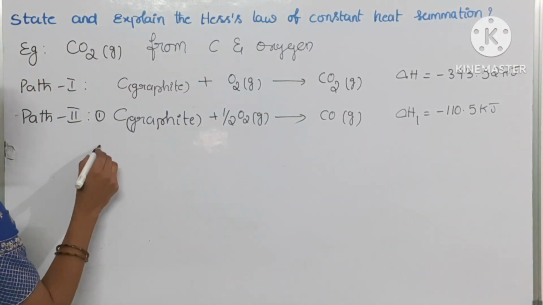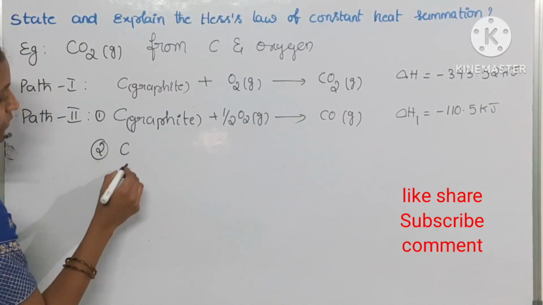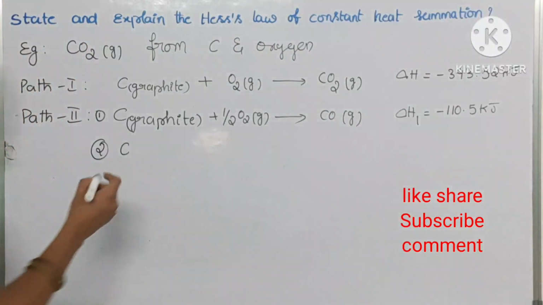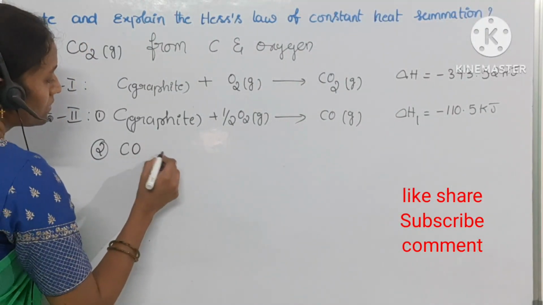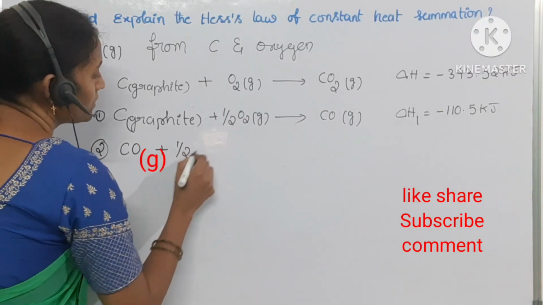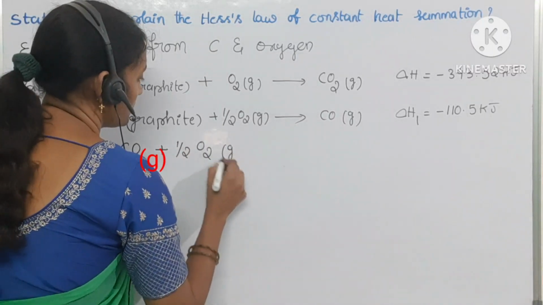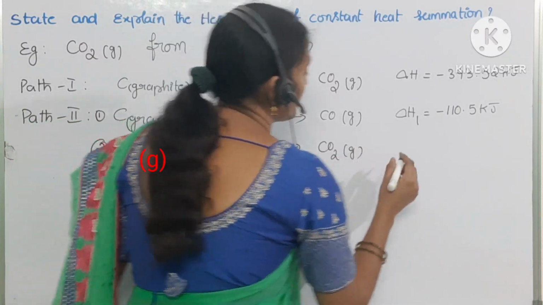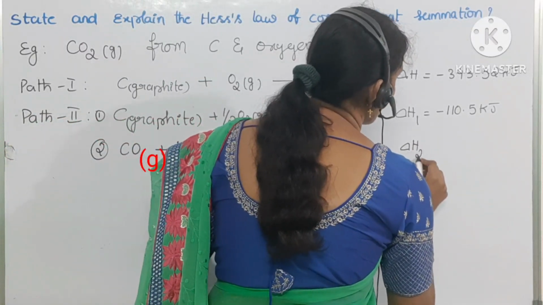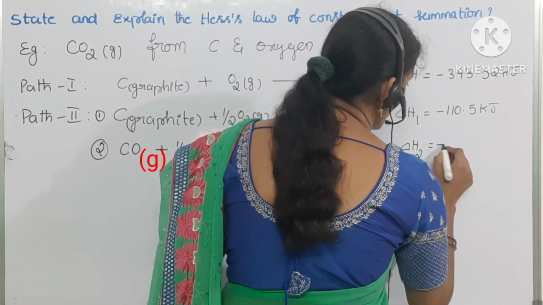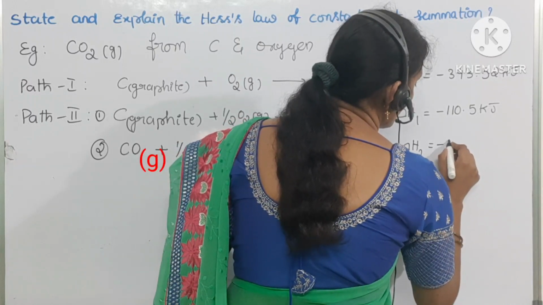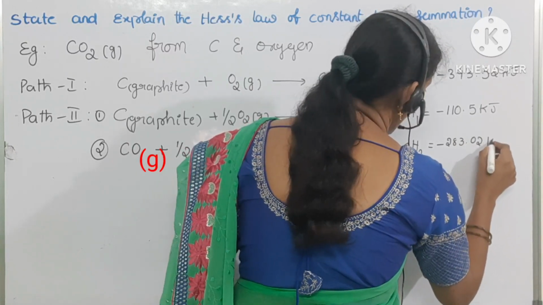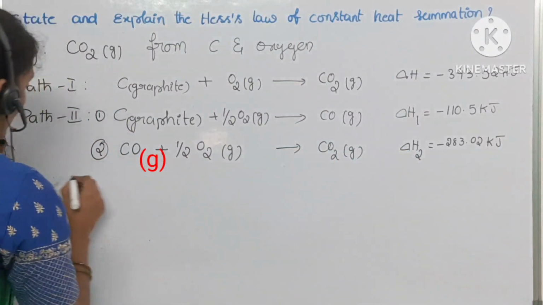Step 2: the carbon monoxide formed in step 1 reacts with half mole of oxygen gas to form CO2 gas, with heat energy delta H2, that is minus 283.02 kilojoule.